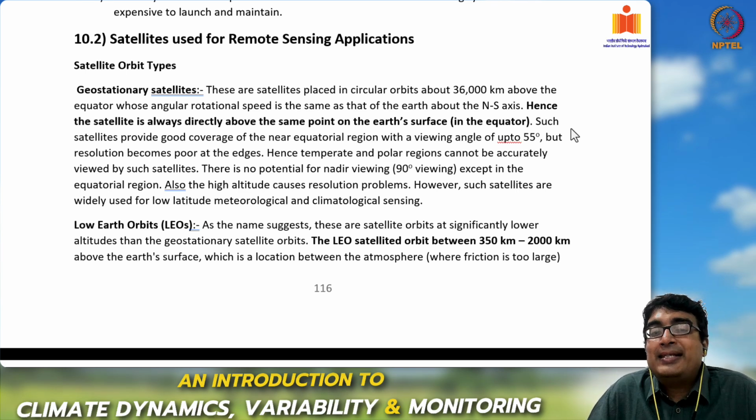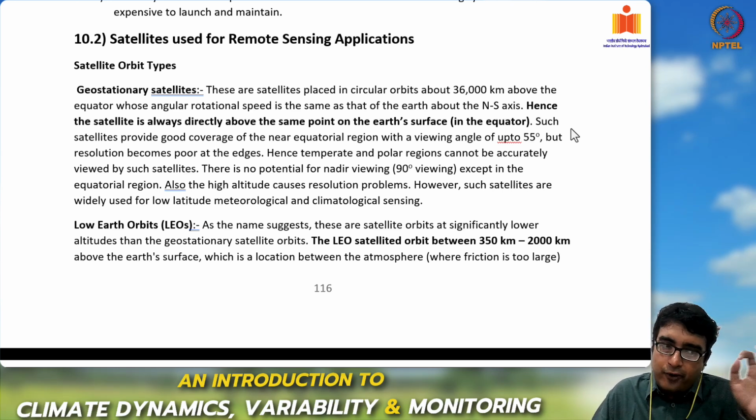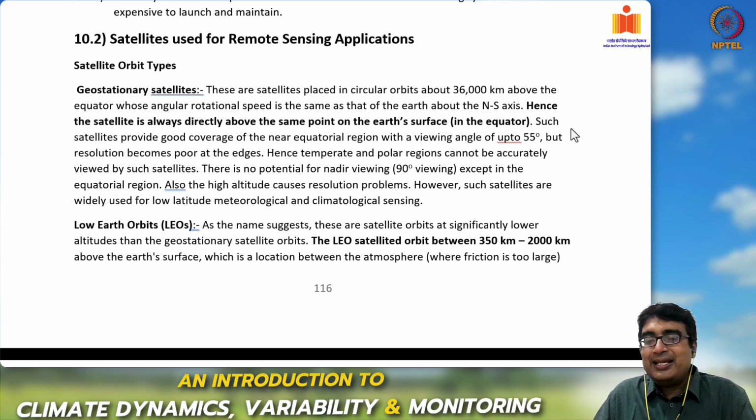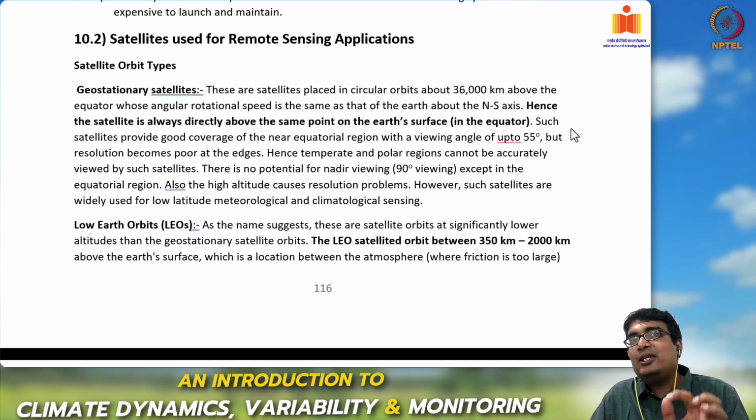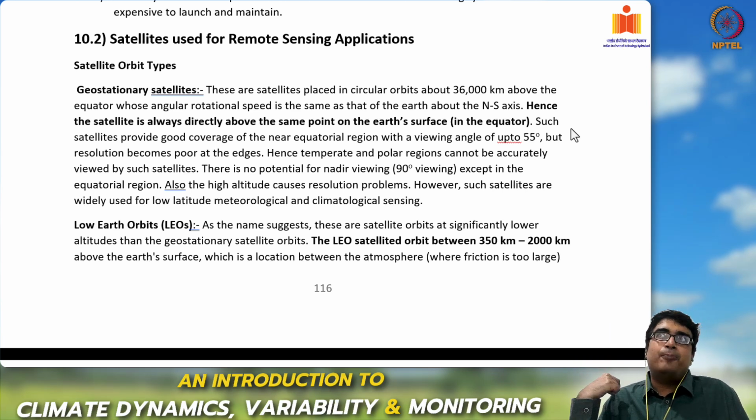Hence, the satellite is always directly above the same point on the Earth's surface on the equator. So all geostationary satellites have a fixed locus on the Earth's surface. If you drop a perpendicular line from the satellite towards the center of the Earth, this line will intersect the Earth's surface at a certain point, and that point is often called the sub-satellite point.